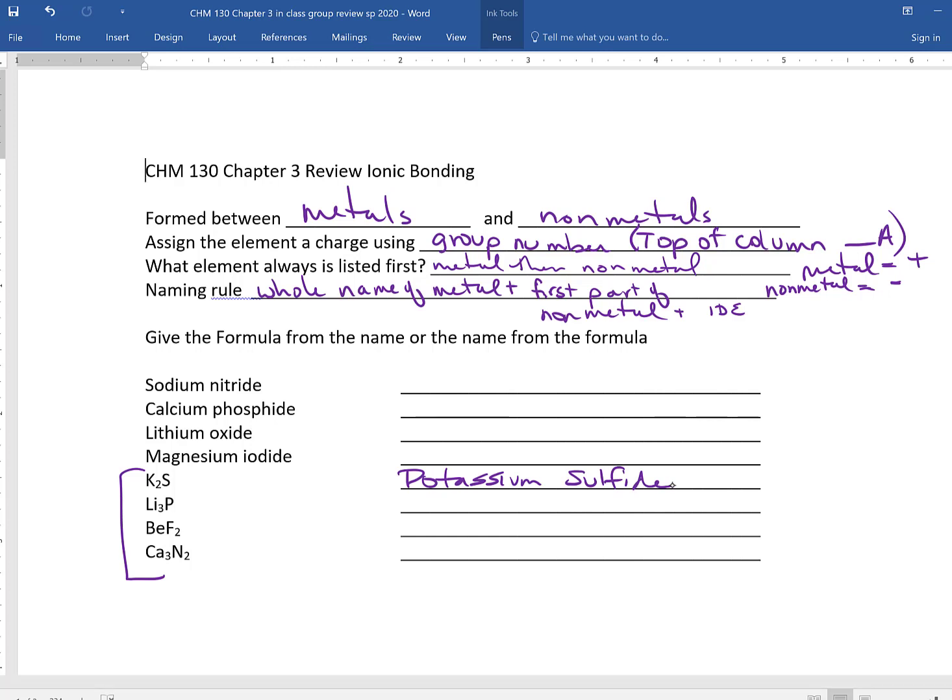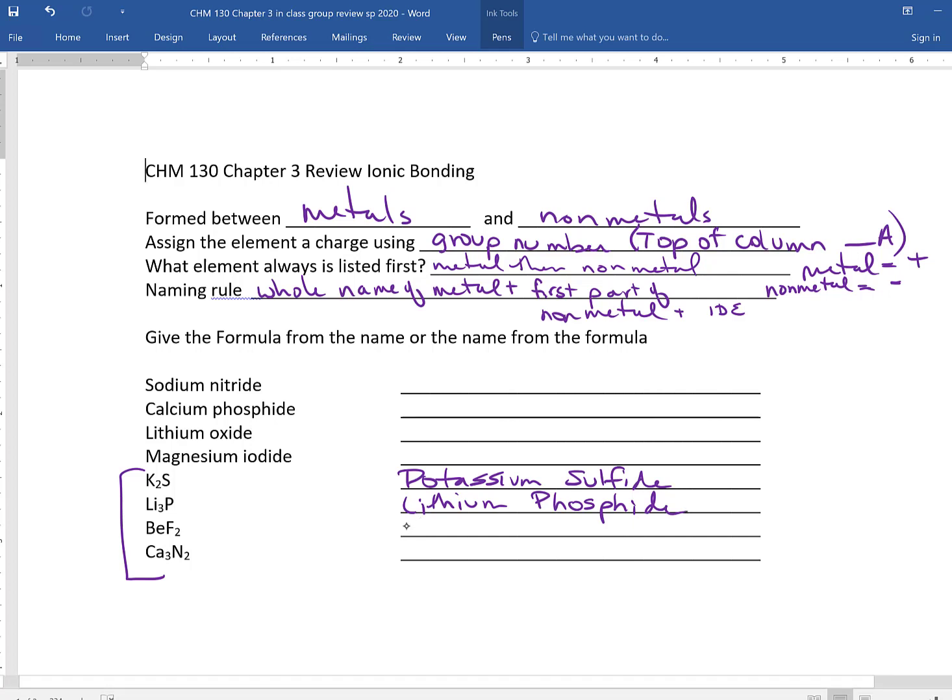Second one, Li3P, lithium phosphide, whole name of the metal, lithium. First part of phosphorus is phos, and then IDE. BeF2, beryllium fluoride.